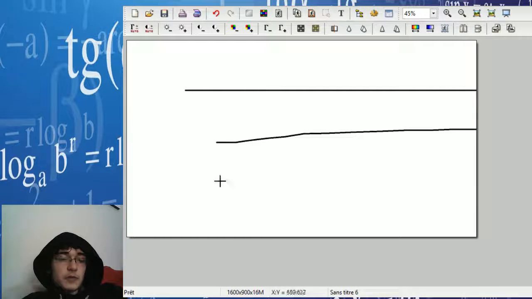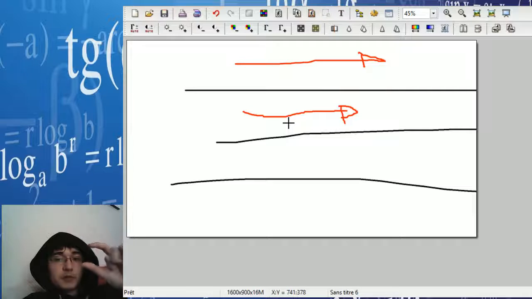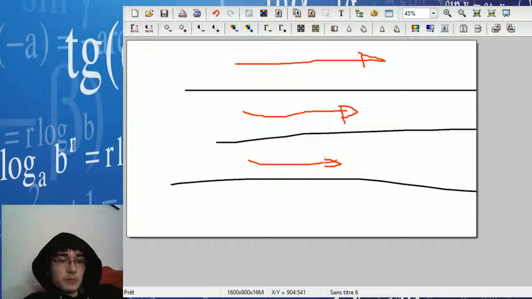With a laminary study, so Reynolds inferior to 2000, you have one direction. The top drags the bottom one with a certain force at a certain speed, and this one will drag the one below itself with another force, which will drag the other below itself.